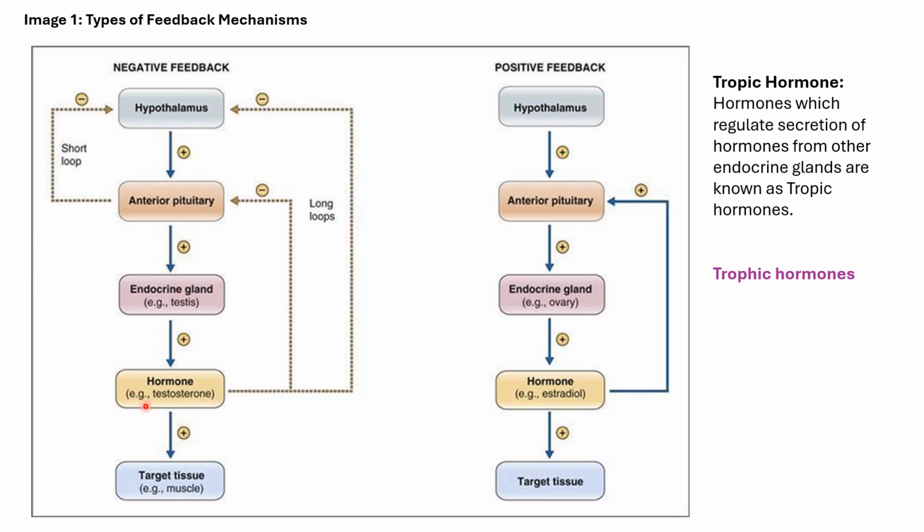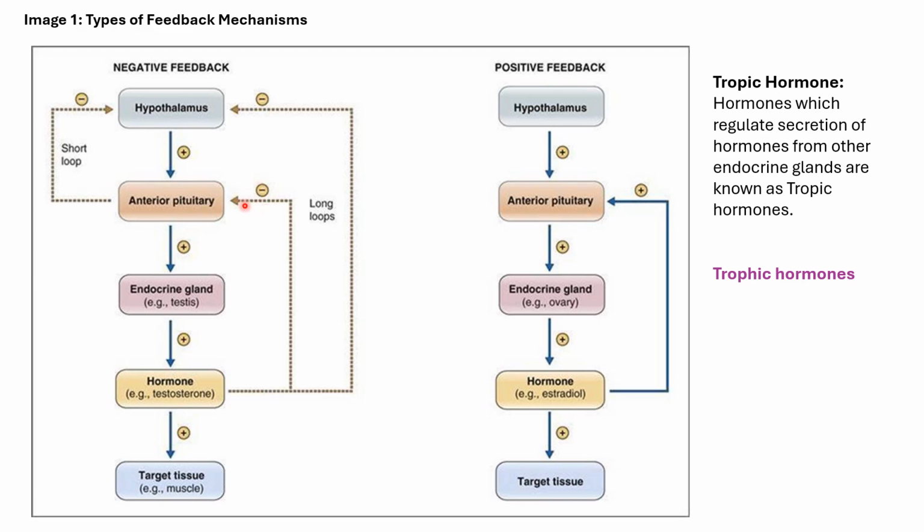All right, so coming back here, that testosterone goes in the blood and it travels to the target tissue. So in this example, it is going to the muscle and it is going to increase the muscle size. And then this hormone also through the blood comes back to the anterior pituitary and you can see this negative sign.